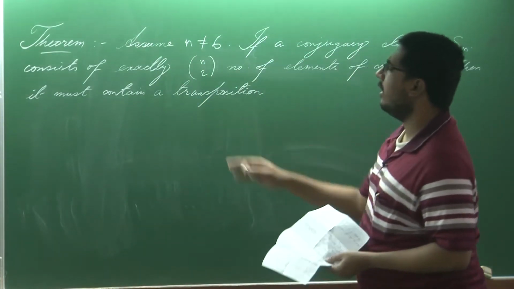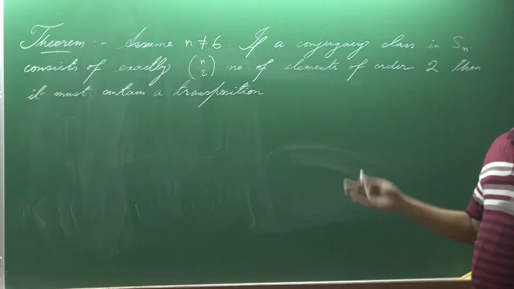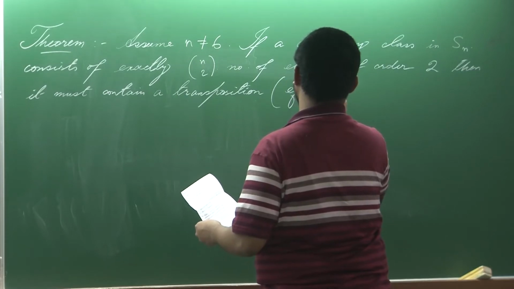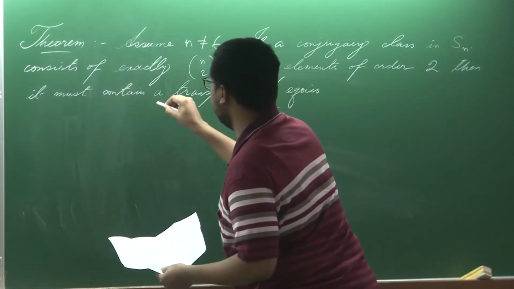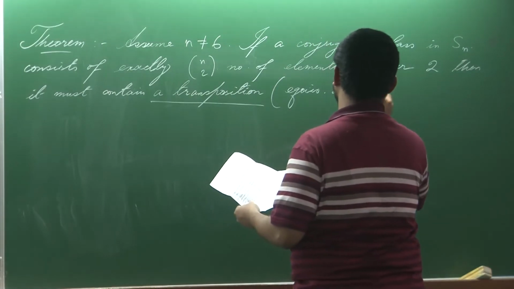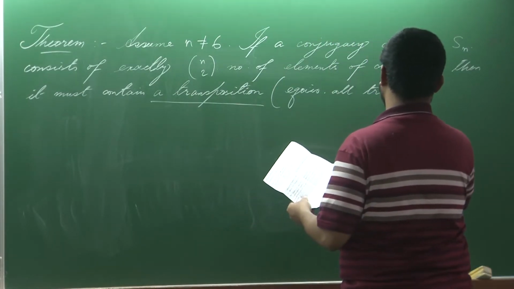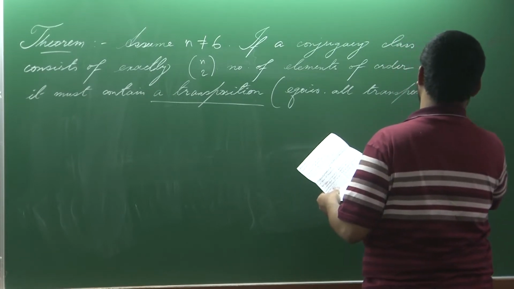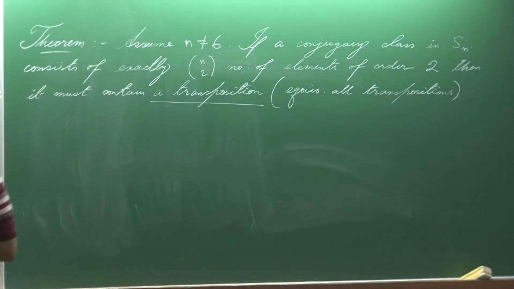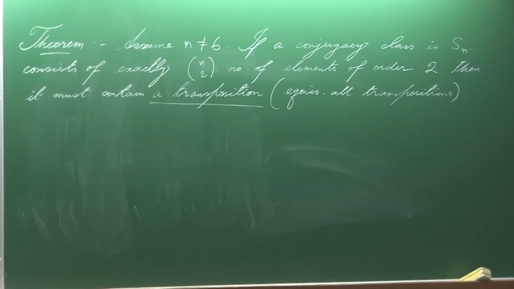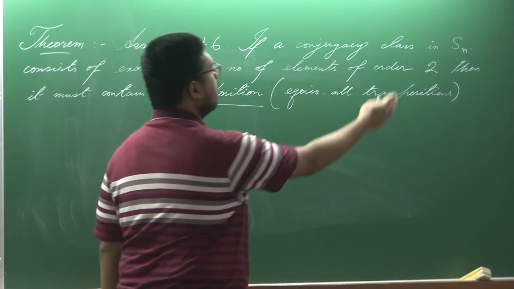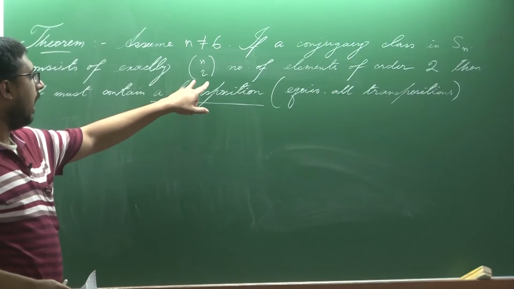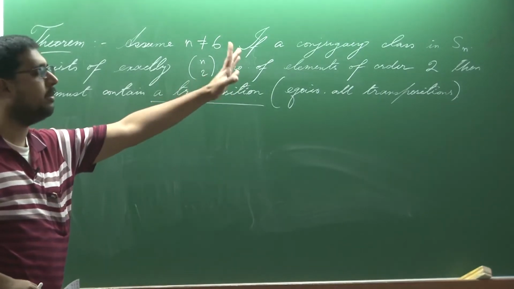So, if a conjugacy class contains a transposition, then it must contain all transpositions, equivalently. That is quite clear. Let me again explain the statement of the theorem. It says that suppose we have a conjugacy class inside Sn such that the class has exactly this many elements of order 2.